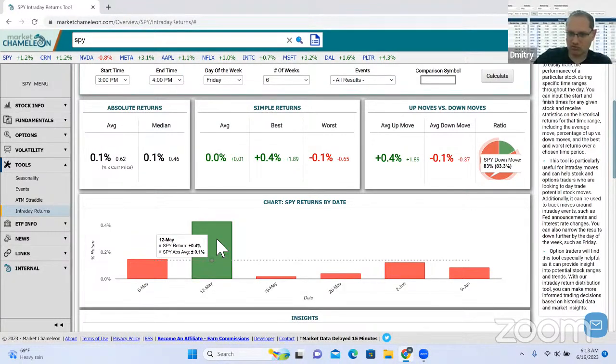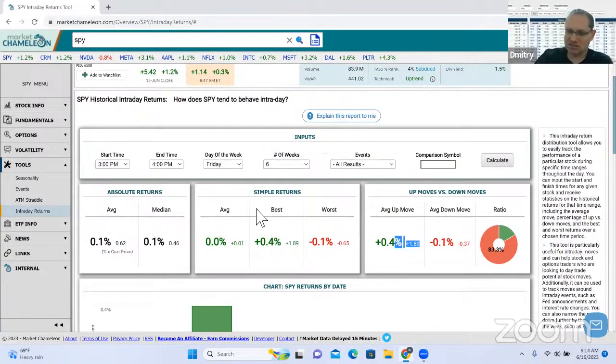That one big move was way higher than how much it sold off. So when it did sell off, the magnitude of those moves was very small. But the gain here was very big. So this is kind of giving us a view of how SPY moved around.